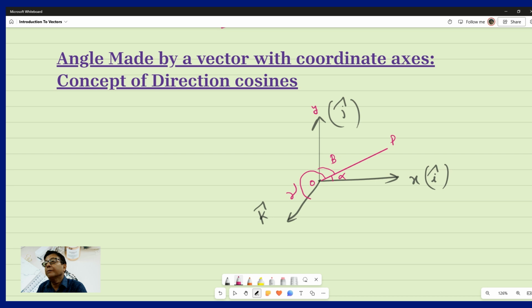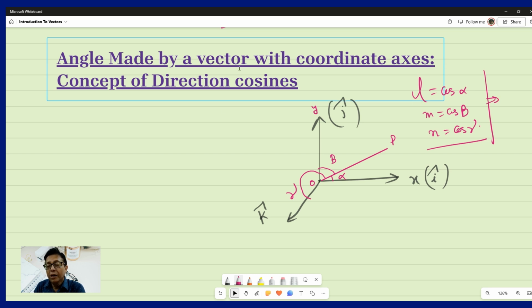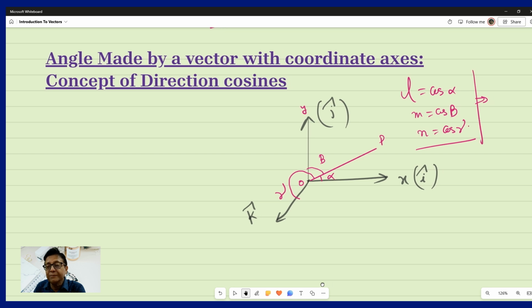The question is, what are alpha, beta, gamma? At least we can find L equal to cos alpha, M equal to cos beta, and N equal to cos gamma. These are called direction cosines of a vector. How to find the values of direction cosines, that I will explain now.